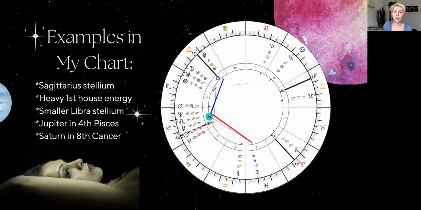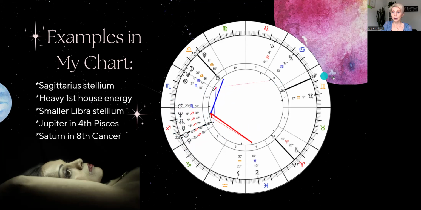These have to do with squares and oppositions and trines and stuff, and we're not worrying about any of that. We are just trying to master the sign, the house, and the placement that's in there. Okay, and remember the combination of the three makes the very unique energy recipe.